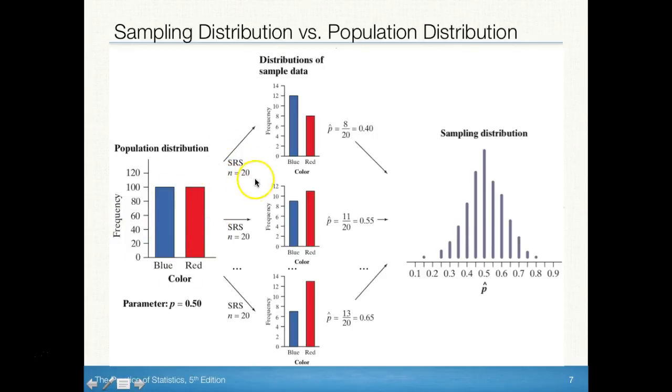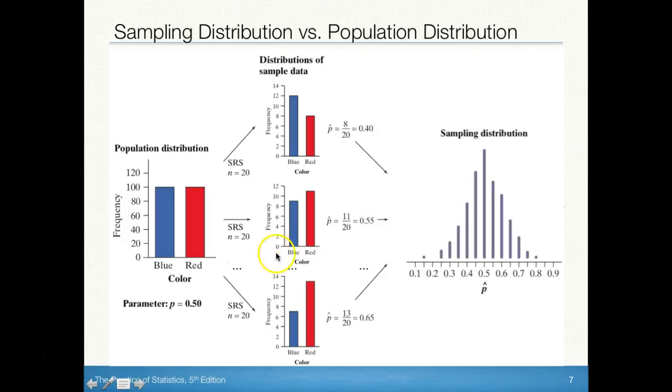I take a simple random sample. Did I get 50% red and 50% blue? No, I didn't. As a matter of fact, I got 40% red, 8 out of 20, or 40%. So from this sample, my p-hat value is 40%. Put the chips back in the bag, do another simple random sample of 20, and now I have a p-hat value of 55%, 11 out of 20 were red.